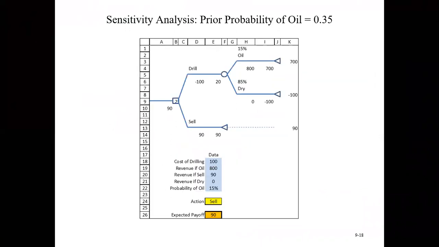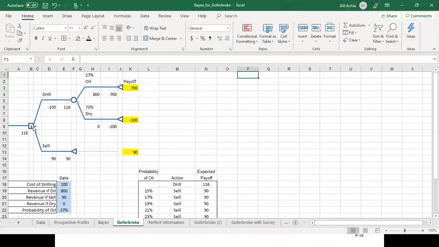So when you talk of sensitivity analysis in situations where you only have the prior probability, you're basically asking yourself what would be the effect of increasing your prior probability by a certain amount. So what would be the effect of, for example, changing the probability of getting oil from 25% to 30%?